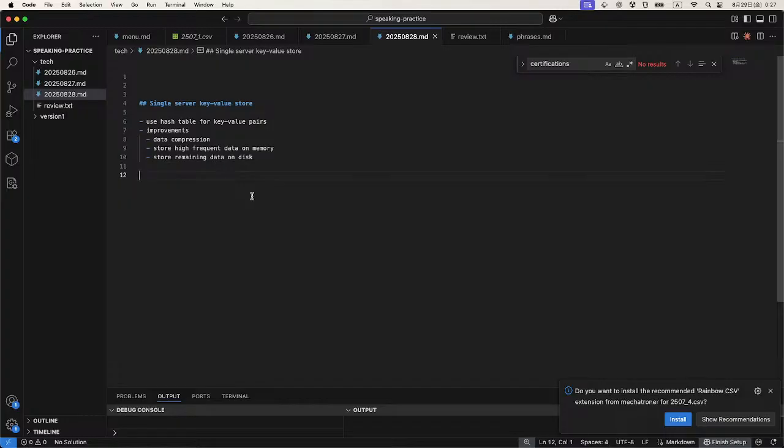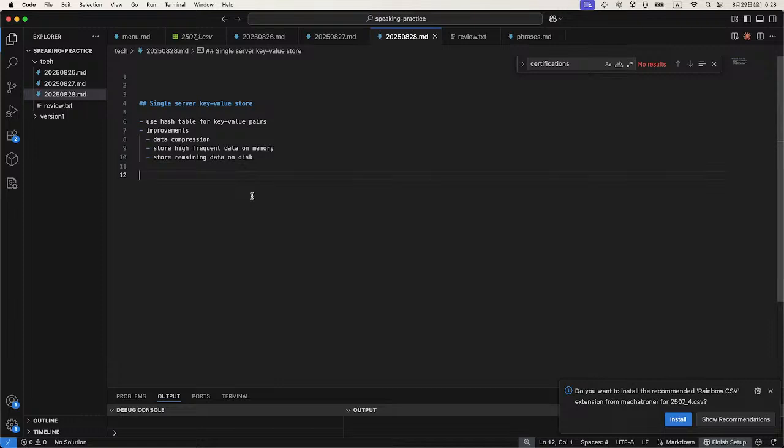But in order to have big data, it requires a distributed key value store. A distributed key value store is also called a distributed hash table, and it stores key value pairs distributedly.